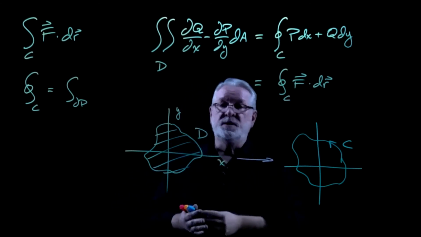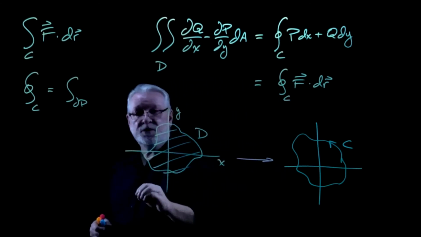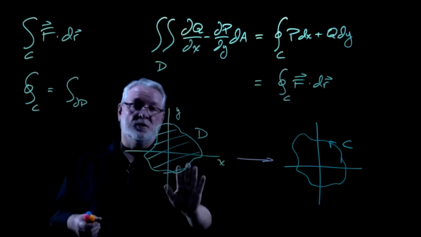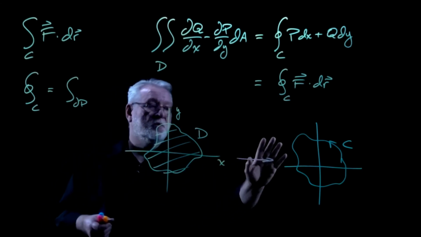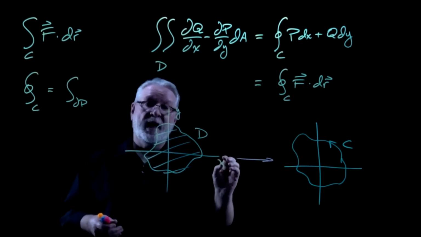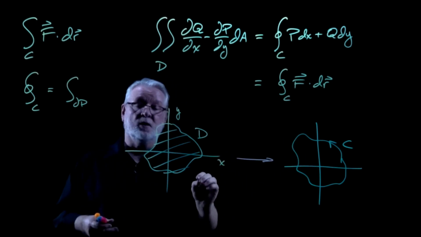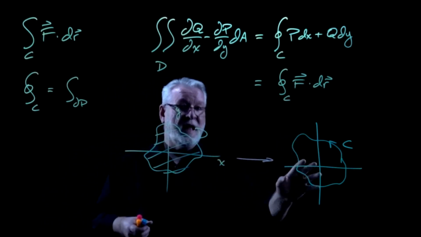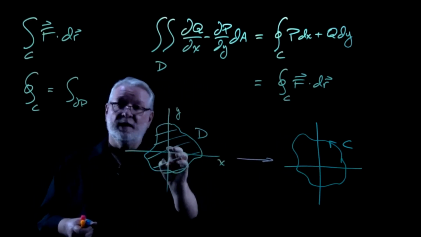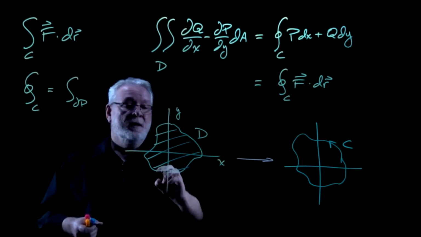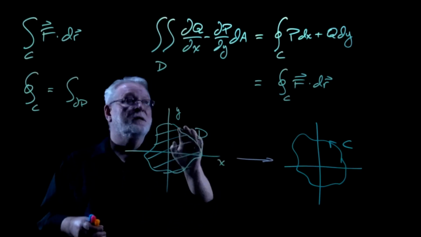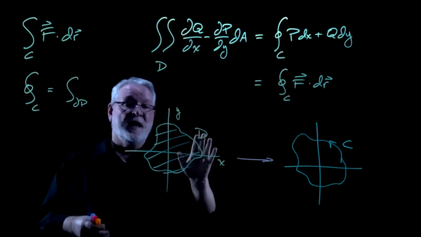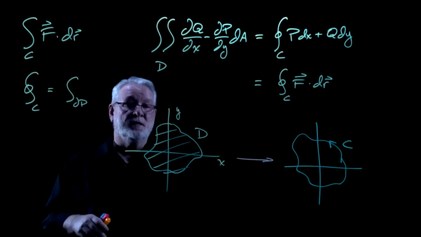What Green's theorem does is it provides you with options. You can turn almost any integral of area into an integral of path bounding that area, and correspondingly, you can turn almost any integral of path into instead an integral of area. Now, from the problems in this section, you'll see when it's a good idea to turn this into a path integral and when it's a good idea to turn it into an area integral.